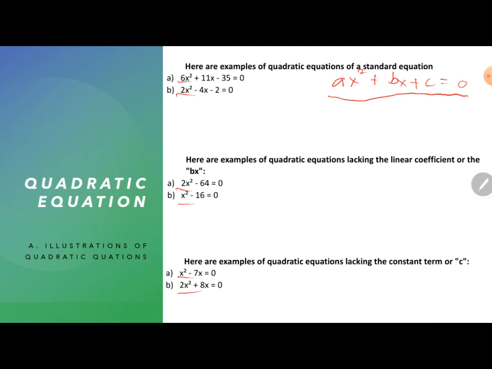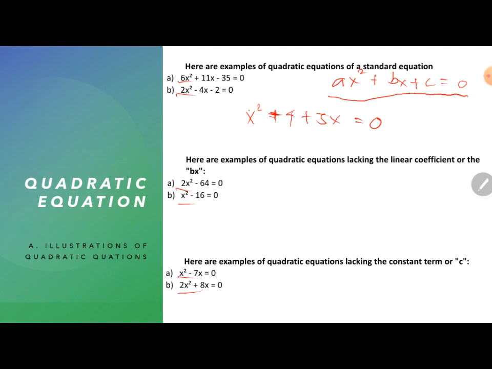Now, always remember, in writing in the standard form, let's write an example here. So we have x squared plus 4 plus 5x equals 0.